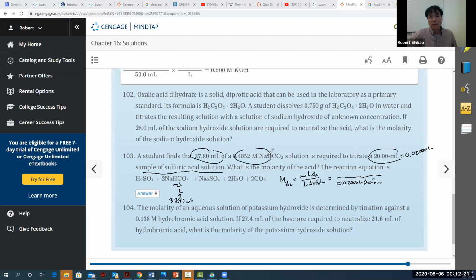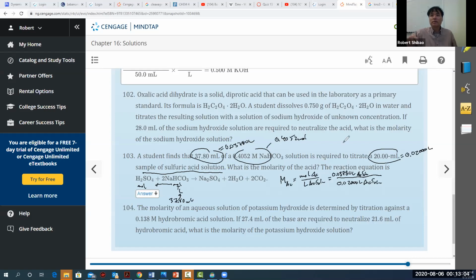If we have 37.80 milliliters, we'll go to liters, and liters will go to moles using the molarity here, 0.4052 moles per liter. And then once we get moles of that, we can get moles of acid using the mole ratio. I could convert that to liters here, so it's 0.03780 liters. And then we have the molarity here, which is 0.4052 moles of, oh, actually, this is not acid solution.